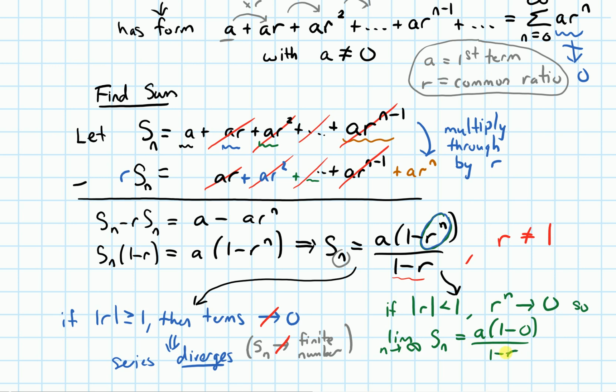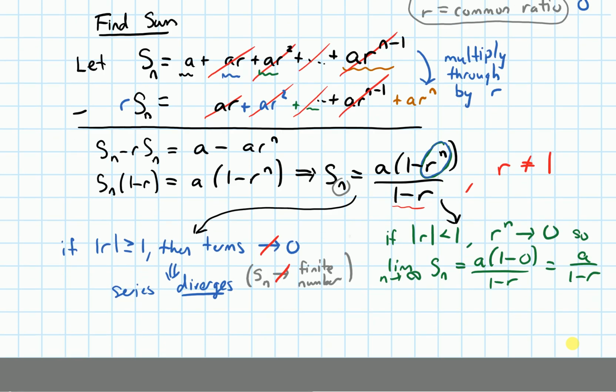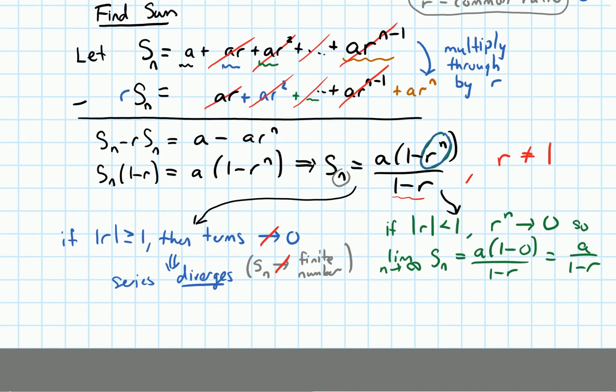There's no n's there in the bottom, so nothing to plug into. So we end up with a over 1 minus r. And that is a finite number. So because this is a finite number, that means our series, not only does it converge, it converges to this value, a over 1 minus r.